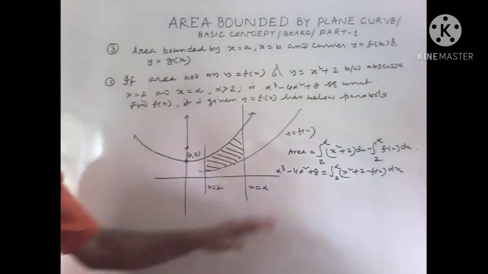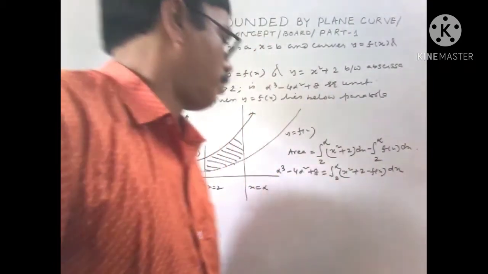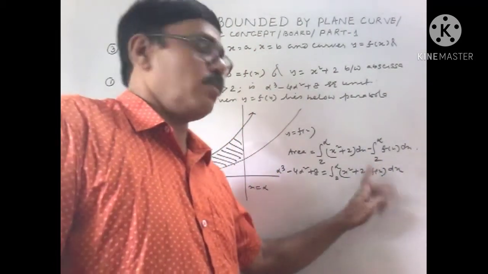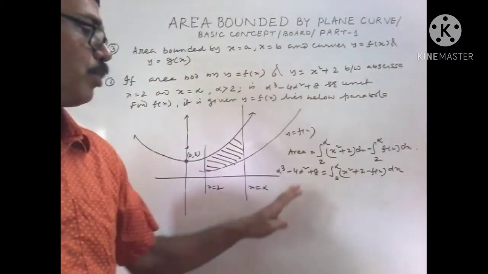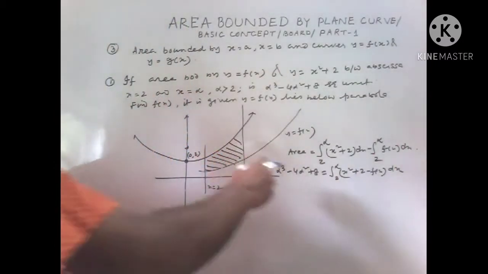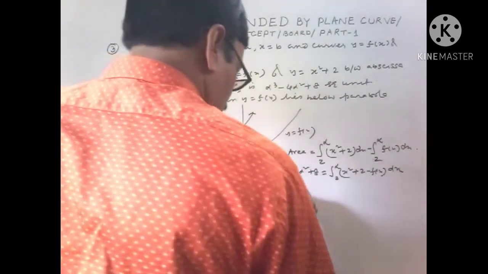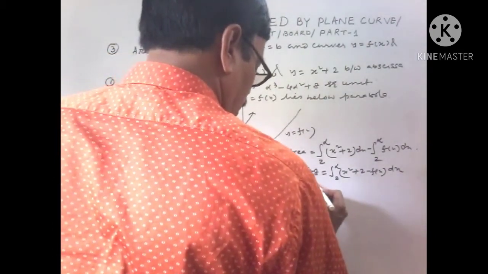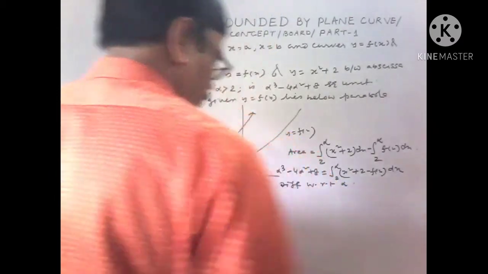Now we integrate it to find f(x). The form of f(x) is not known, so you cannot find it by integration. So we use the Leibniz rule, differentiating both sides with respect to alpha.